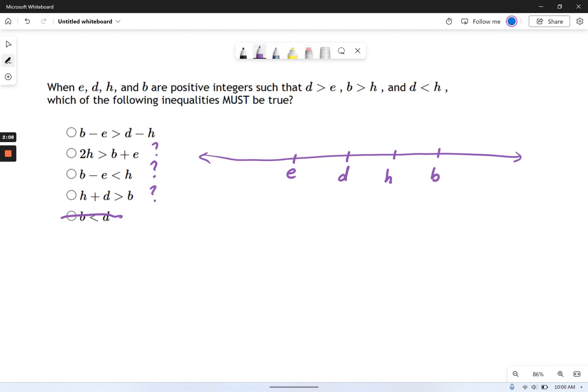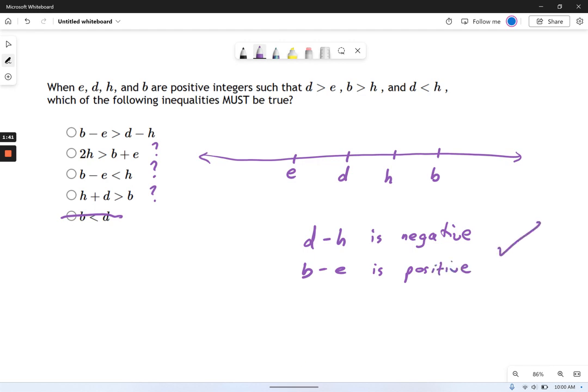And now the first thing, B minus E greater than D minus H. Well, if you take a look at our number line, D minus H is negative. And furthermore, B minus E is positive.